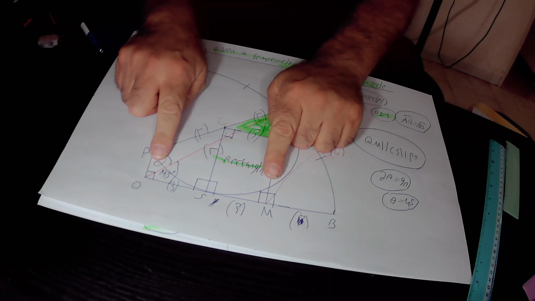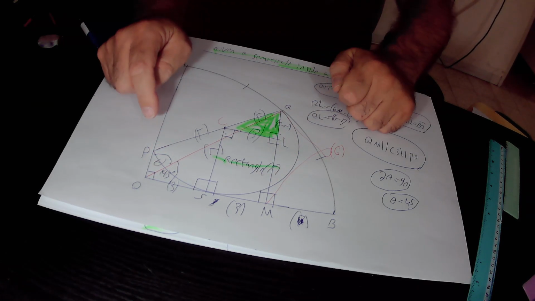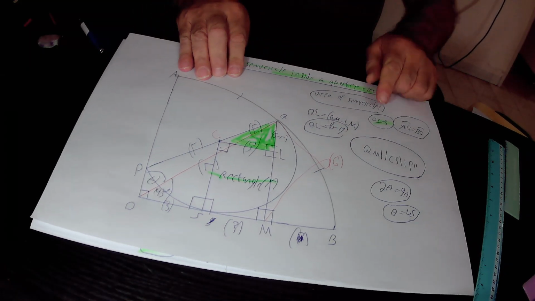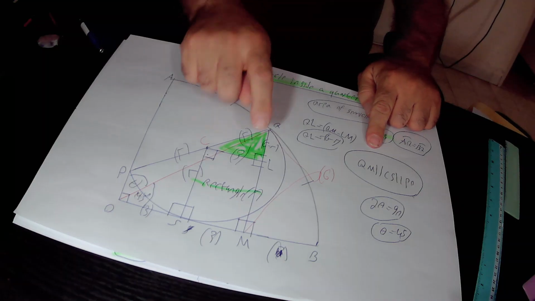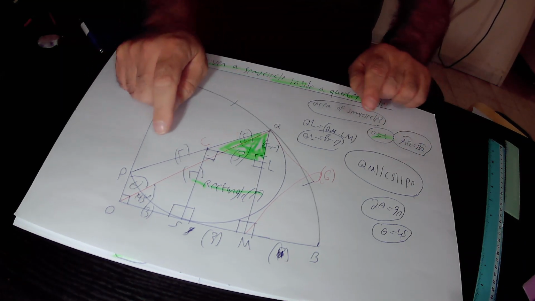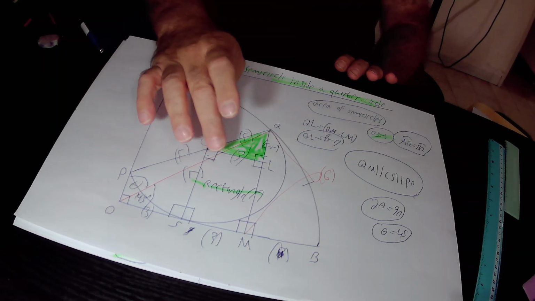Likewise, PO is also parallel to QM. So we have found that QM is parallel to CS, which is parallel to PO. All those three lines are parallel to each other.